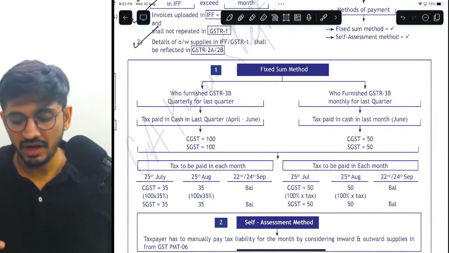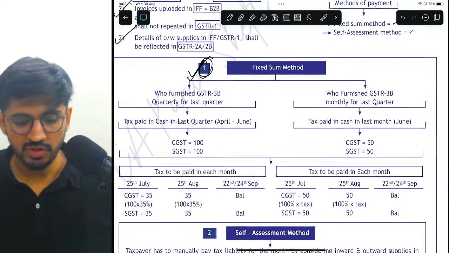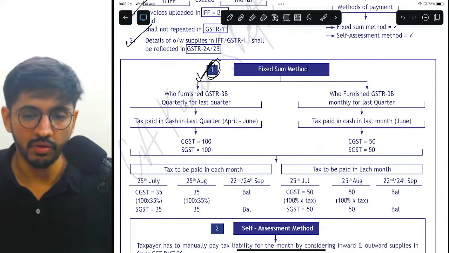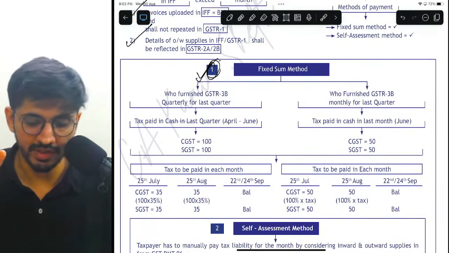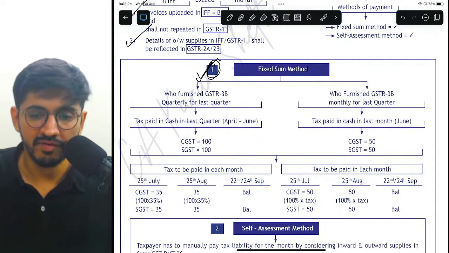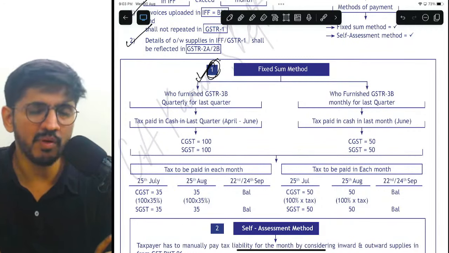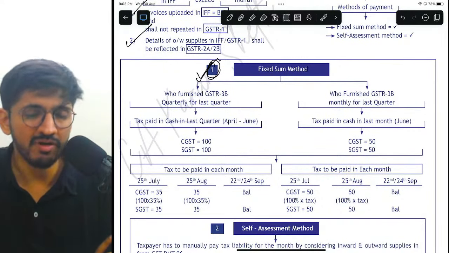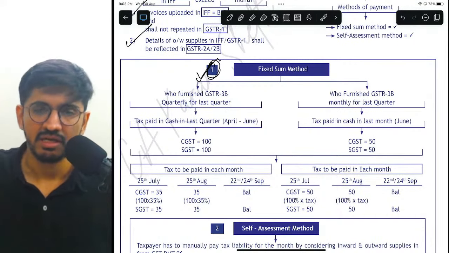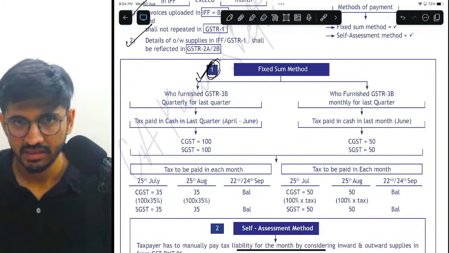Now, understand when I talk about the fixed sum method. Your government has only told you that it is fully amended, don't worry. So please understand, when I say fixed sum method, what do you mean by fixed sum method? The government has given a certain percentage, and only on the basis of that percentage will you pay tax.